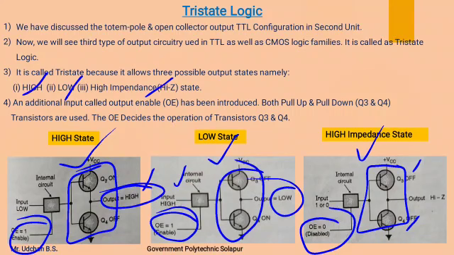We cannot predict the state of the output, whether it is in a high state or a low state. Such a state is known as a high impedance state, in which the output is neither 0 nor 1. So these are the three states: high state, low state and high impedance state.